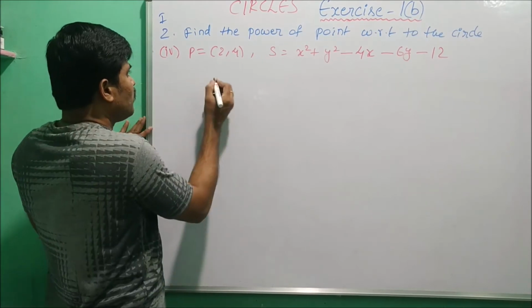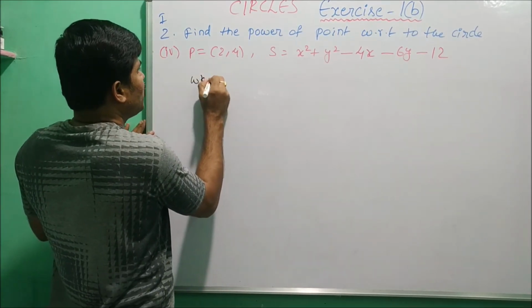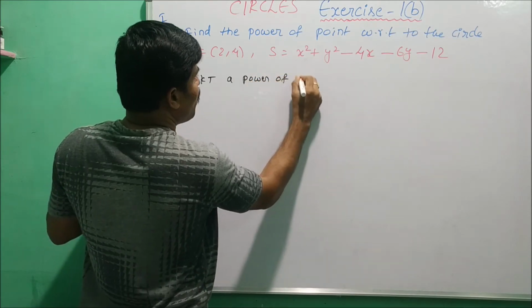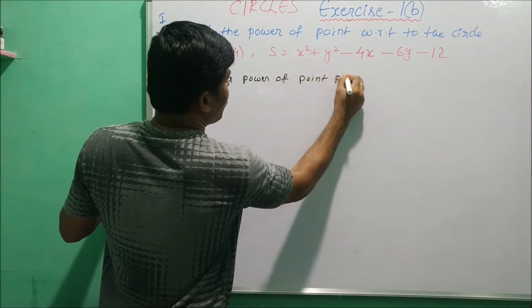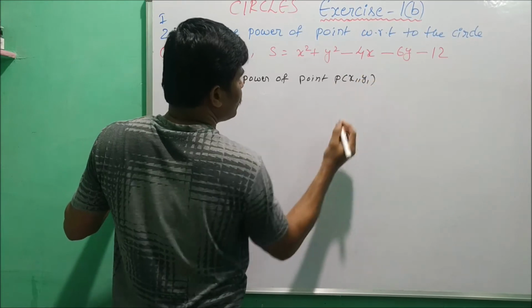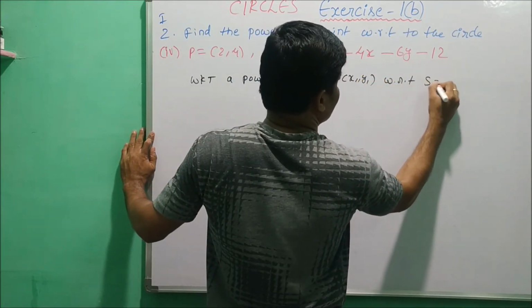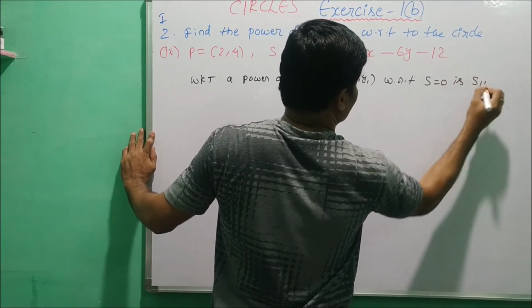So in that one also we know that the power of the point P x1 y1 with respect to the circle S equal 0 is S11.